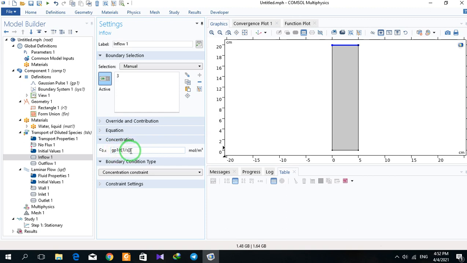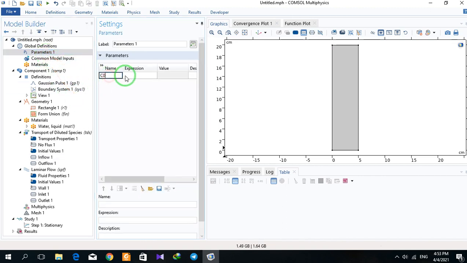If I, for example, remove that, there would be an error regarding the unit. So it must be 1 per second multiplied with C0, and I will define C0 in parameters as 10 mole per cubic meter. So it is our inflow.